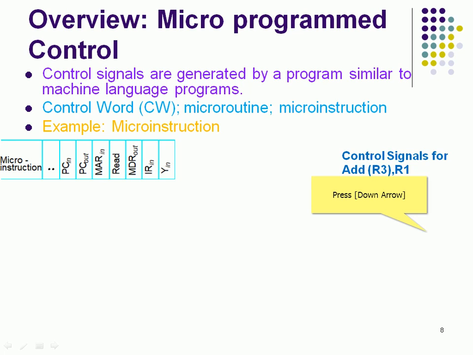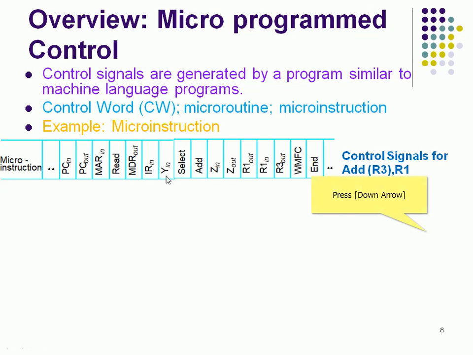So let us see how to write micro control signals. What are the micro instructions we observed in the previous discussion, in part 1? PC in, program counter out, MAR in and read operation, MDR out, IR in and Y in, right? You have seen, no?